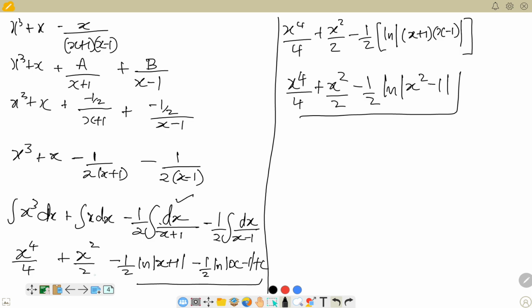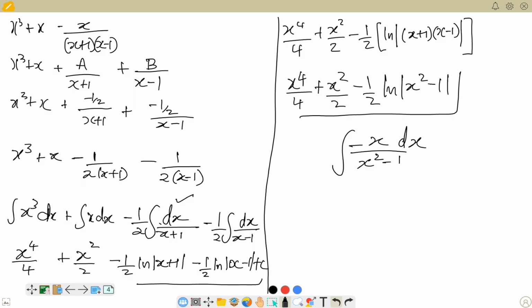And what we need to notice is that this term here can be integrated directly by using ln, but it depends on the type of question, if they are saying use partial fractions or if they just say integrate.